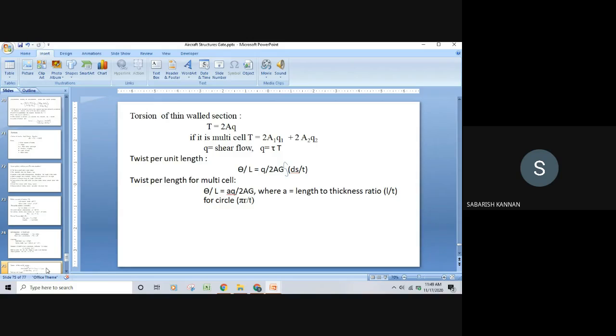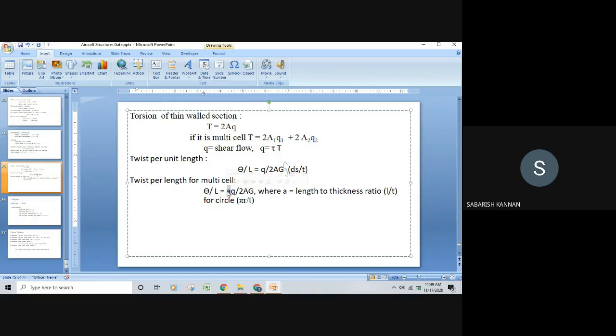So twist per unit length for multi-cell is theta by L equal to AQ divided by 2AG. Here A is nothing but the length to thickness ratio. For a circle, the value is pi r divided by t. For other sections, we have only a straight line, for which we have L by t.